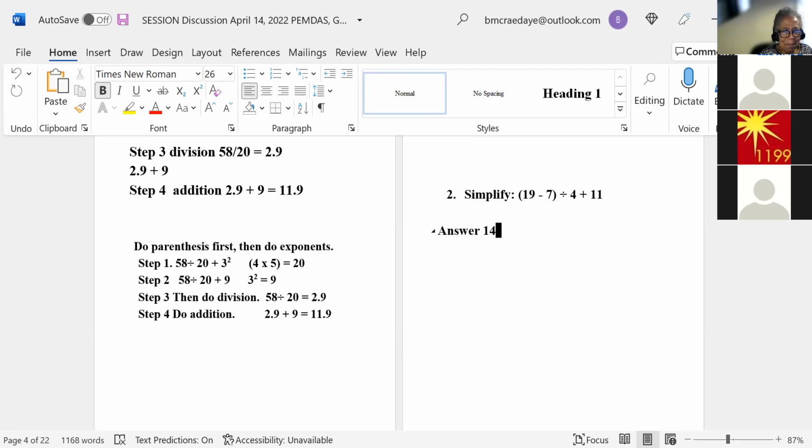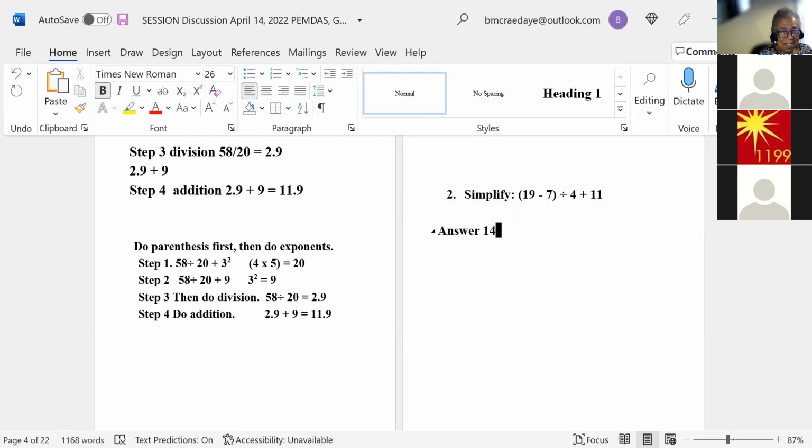I divide 12 by 4 and got 3. And then plus 11, the answer is 14. So how did you get that big number? I calculate, sometimes the calculator doesn't put it in good.